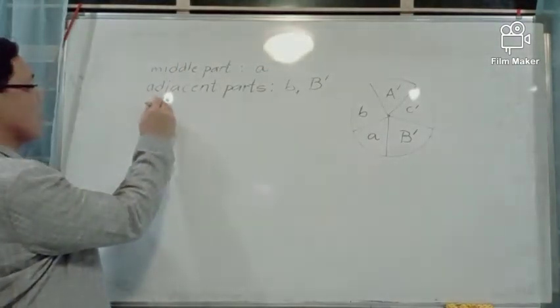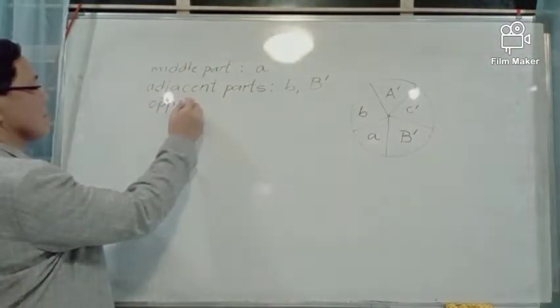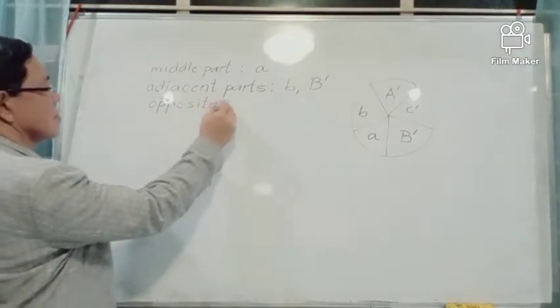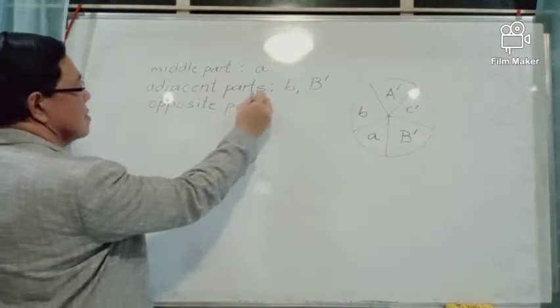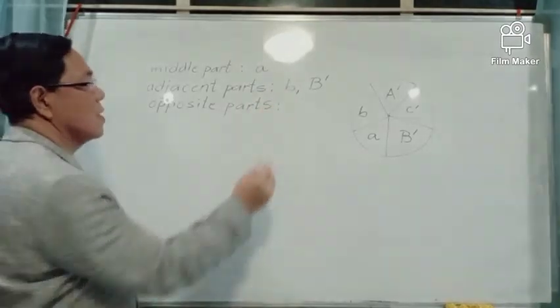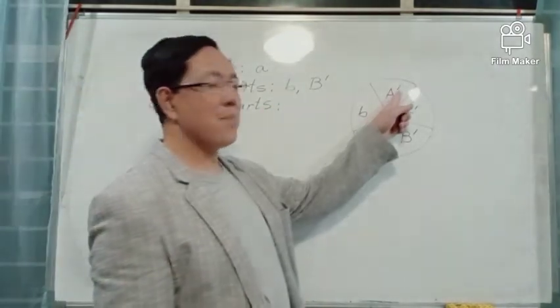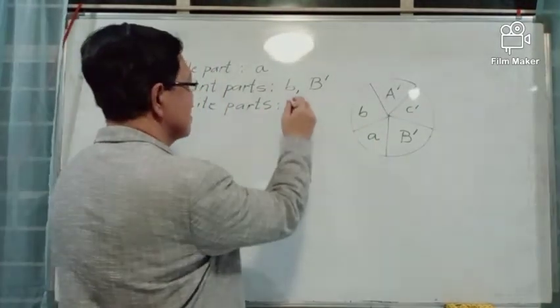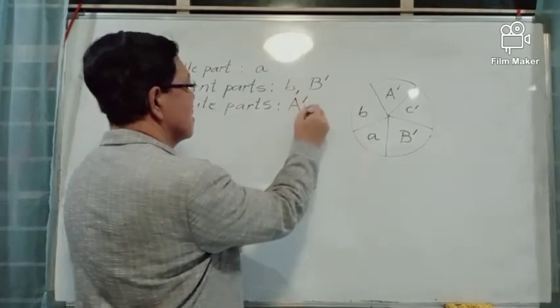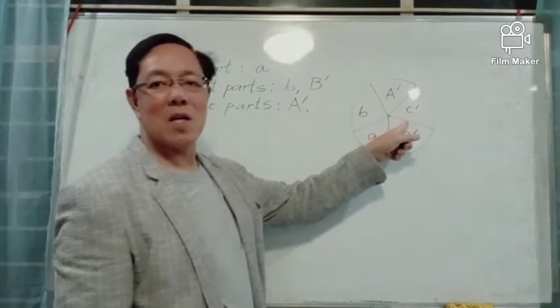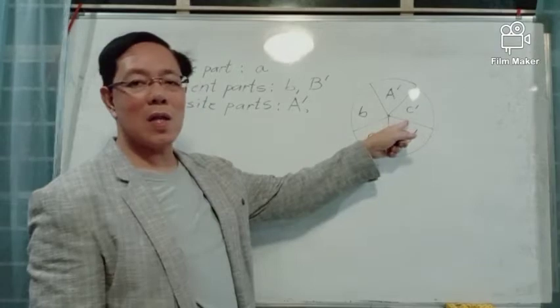And we write opposite parts. The opposite parts now are complement of A and complement of side C. This is small letter C.